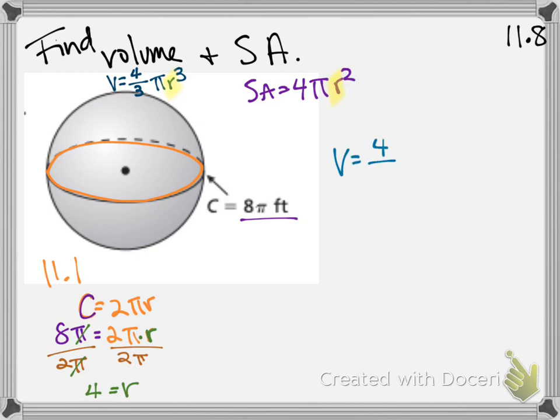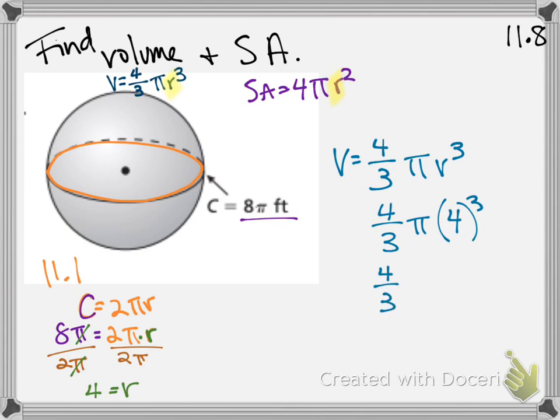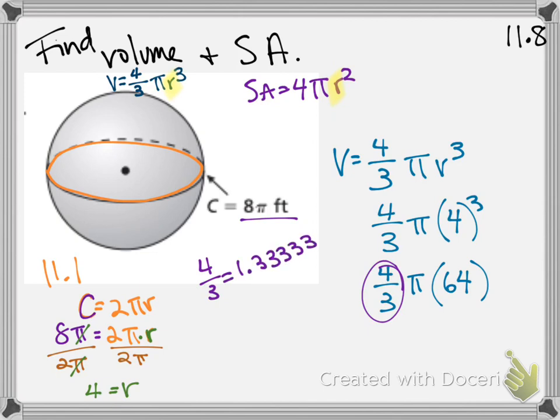Volume equals 4/3 pi r cubed. So you'll need to cube first. I don't quite remember how I told you to handle this in the video, but this is one way. 4/3 is equivalent to 1.3333333, repeating.